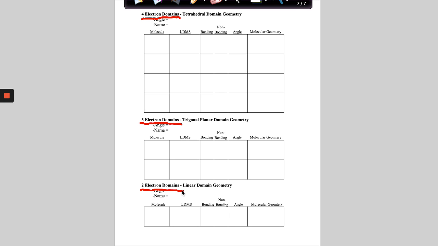Now, granted, you don't know what electron domains are yet, but what you're going to find out is that the way to organize your thinking about these molecular geometries is to organize them by the number of domains. And notice that we will talk about an ever-decreasing number of domains: 4, 3, and 2 domains.